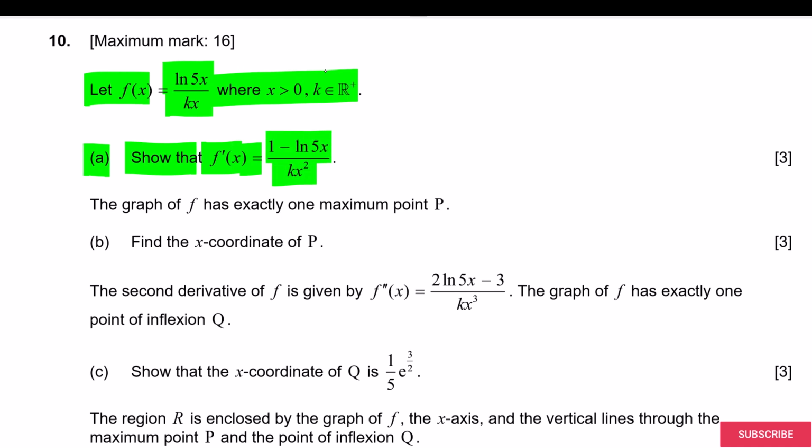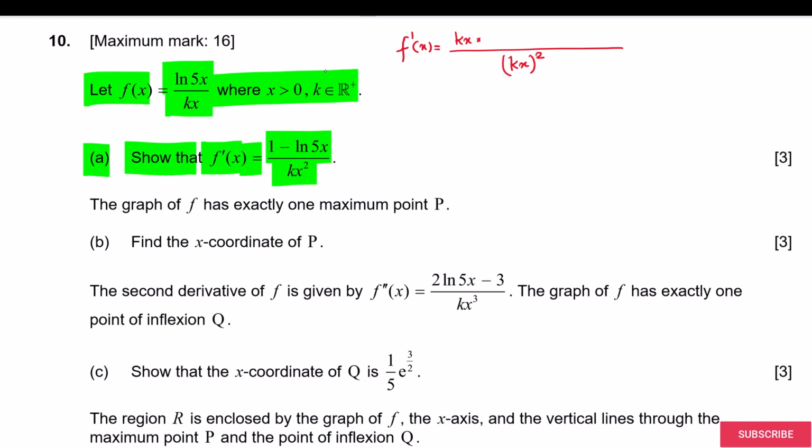Means in the first part we are going to differentiate it, and we can see f(x) is a quotient function. Something is there in the numerator and denominator, so we'll use the quotient rule to find f dash x. The quotient rule says denominator squared in the denominator first of all, so it is kx whole squared, and then the denominator as such, multiplied by the differentiation of the numerator, which is ln 5x.